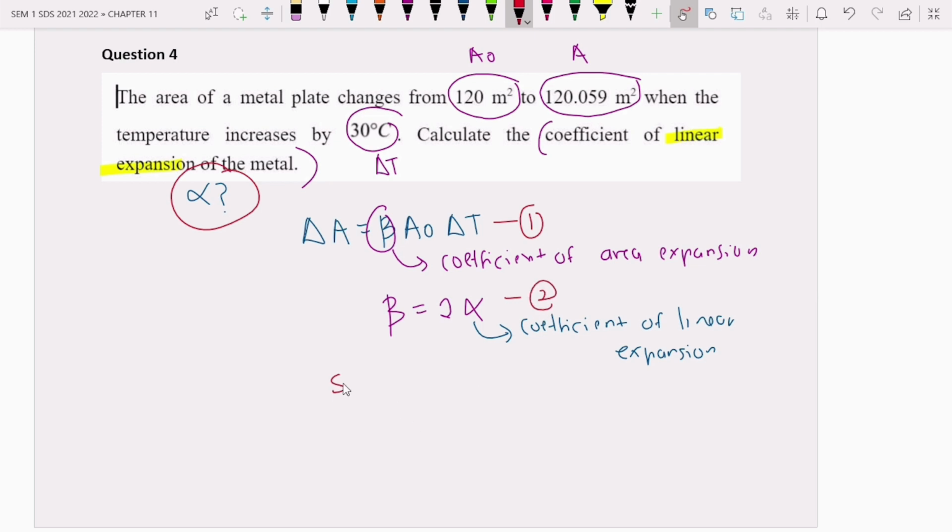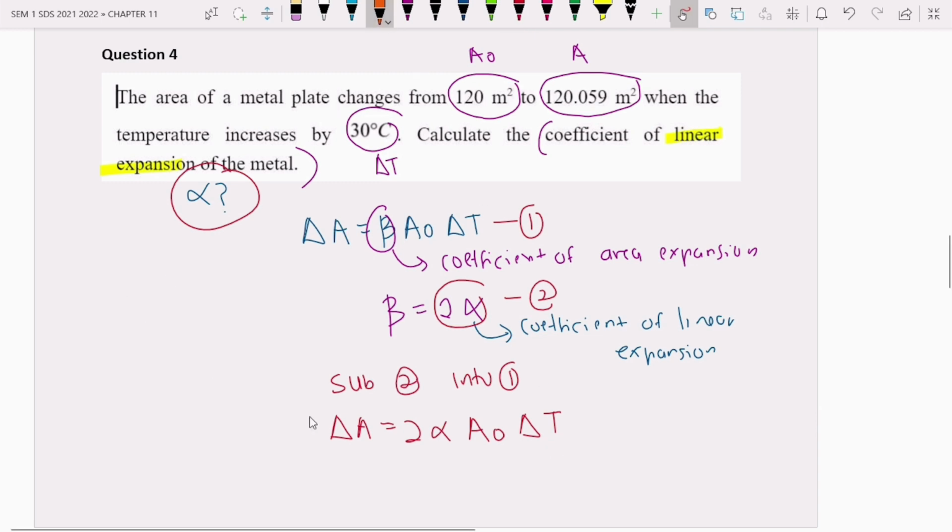So what we're going to do is substitute equation 2 into 1. When we substitute, we will get the change in area, and the coefficient of area expansion we substitute with 2 times the coefficient of linear expansion times the initial area times the temperature difference.